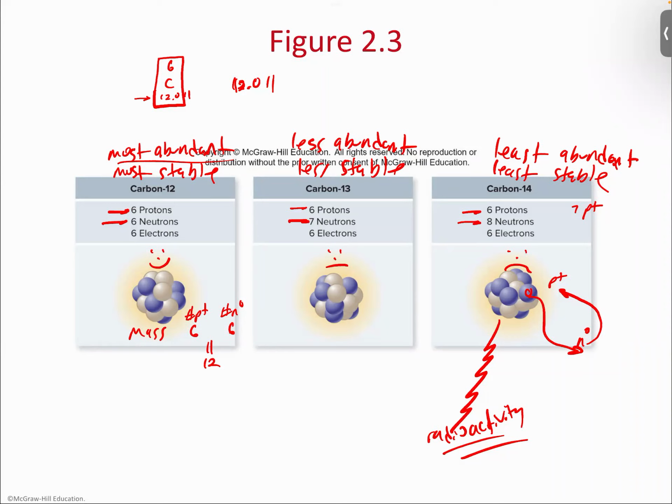So carbon-14 is unstable as carbon-14. It takes one of its neutrons and converts it to a proton. It now changes its identity. It now becomes nitrogen. But as far as nitrogen is concerned, is it fairly normal? Yeah, right, because it now has how many protons? And how many neutrons does nitrogen have?